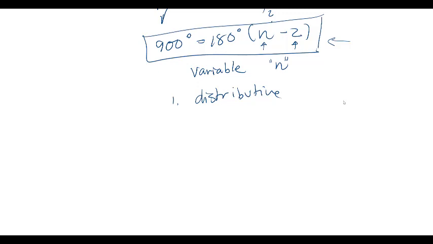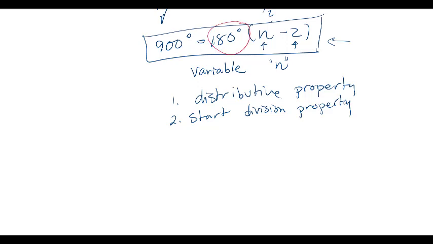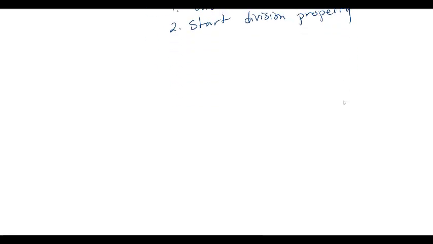The other thing we can do is start with the division property, by moving the coefficient 180 to the other side out of the way and simplifying our equation. So let's do both things and see what happens.